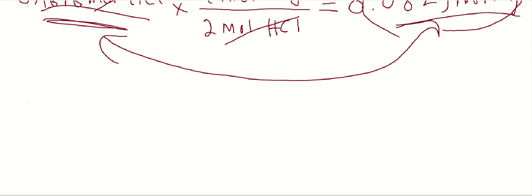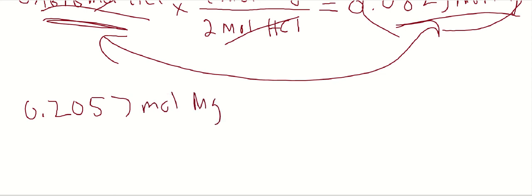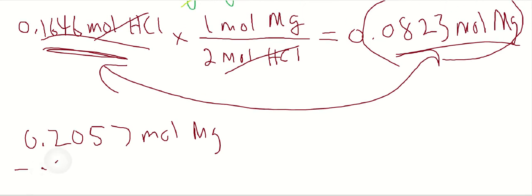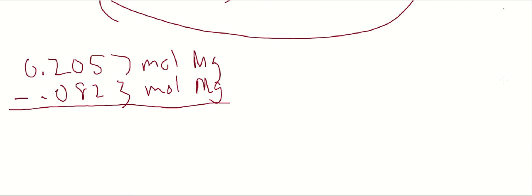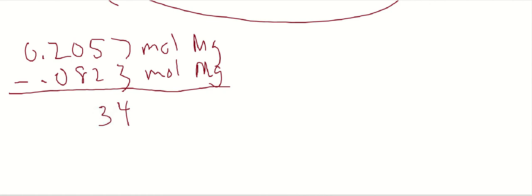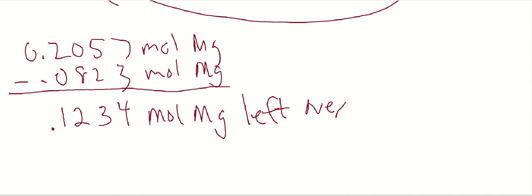So 0.2057 moles of magnesium was originally given, and in this reaction, only 0.0823 moles of magnesium was used. So it's going to be 0.1234 moles of magnesium left over. But it's not asking for moles, it's asking for mass.